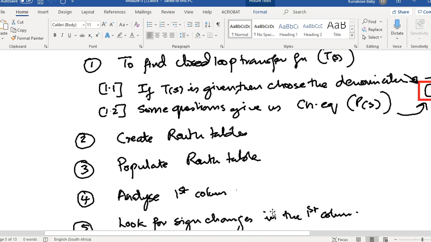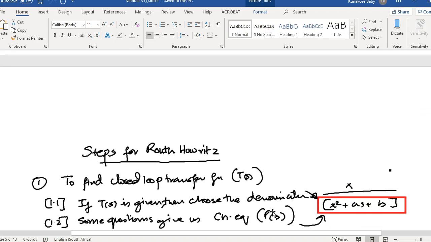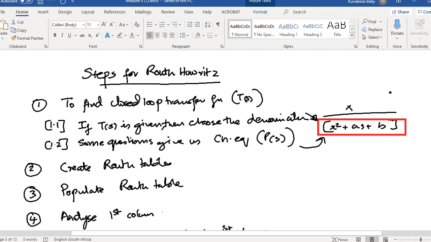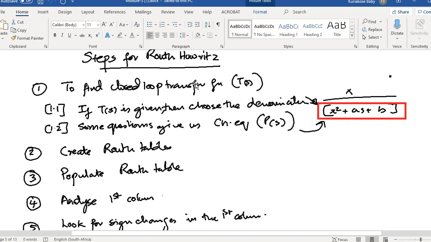Once again, to recap, the steps used in the Routh-Hurwitz criterion. We first need to find the closed loop transfer function T of s. If T of s is given, we need to choose the denominator. That's how we did our first problem.